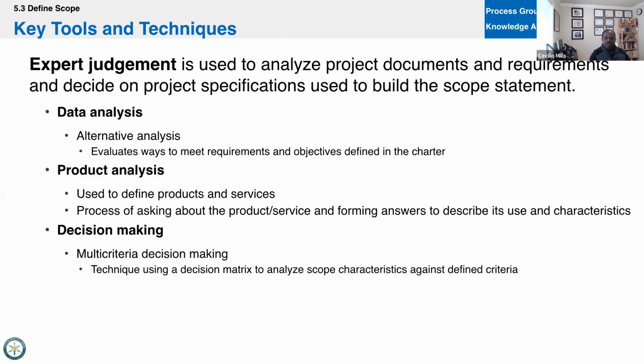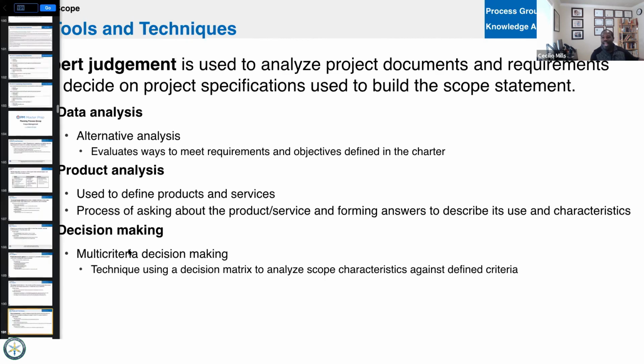And then the other tool and technique will be decision making, and you'll determine which of these. Remember, there are like 5 or 6 decision making techniques. You would have determined that when you were planning scope management, on how you were going to get this done.